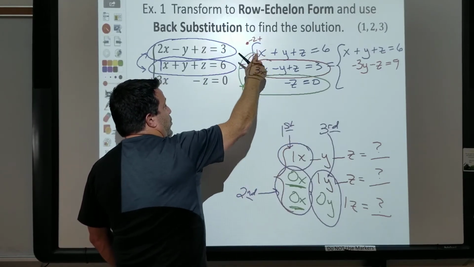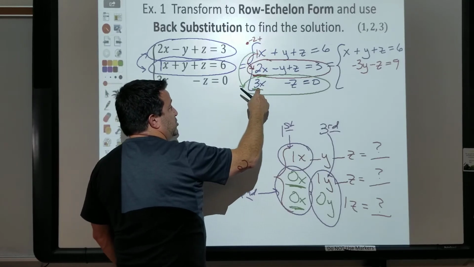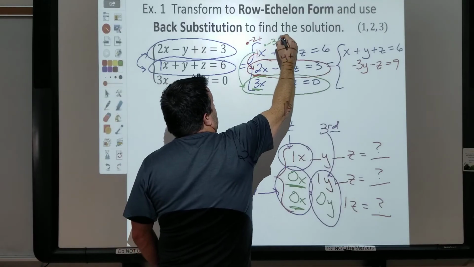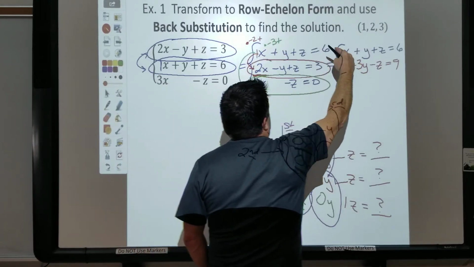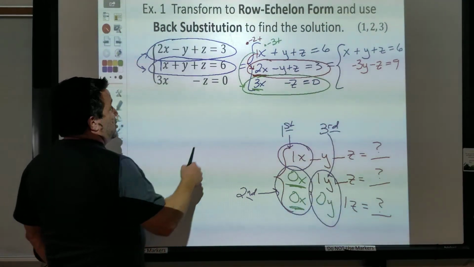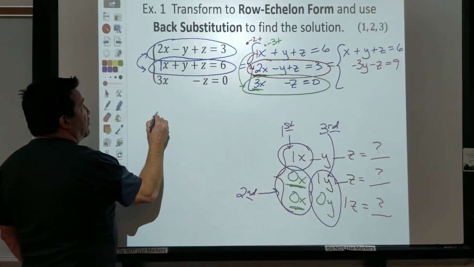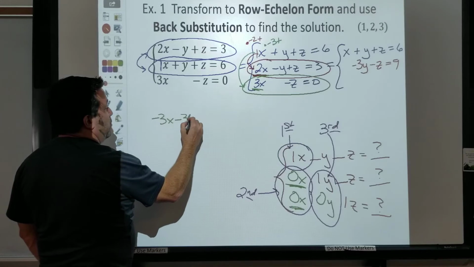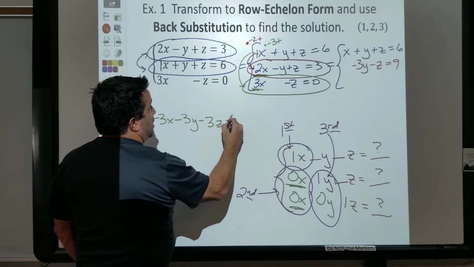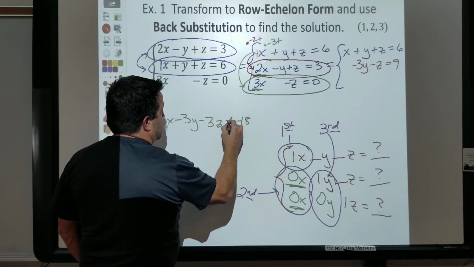Well, if you're using a 1x and a 3x to eliminate that 3x, you need that to be a negative 3. So I'm going to multiply by negative 3 on this top row. Again, I'm not changing it. I'm just going to multiply it by that temporarily. So I'm going to multiply the top row by negative 3. So negative 3x minus 3y minus 3z equals negative 18.